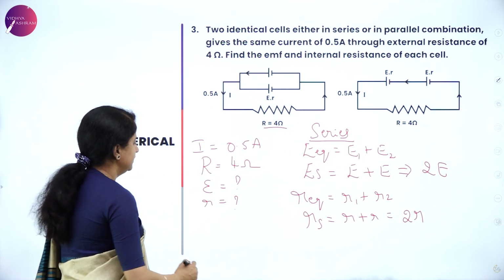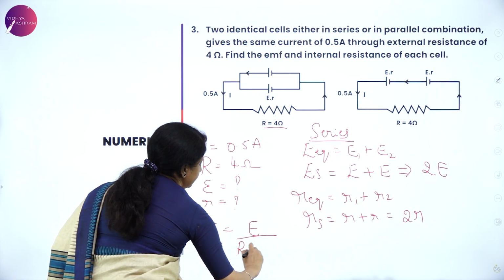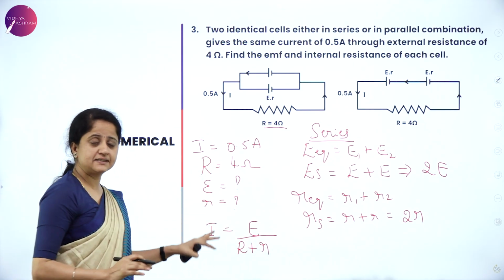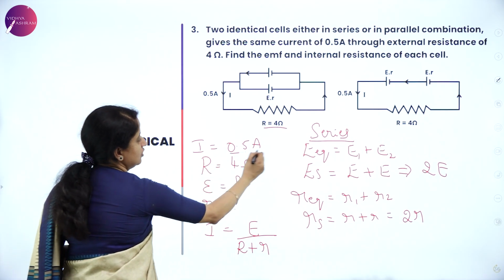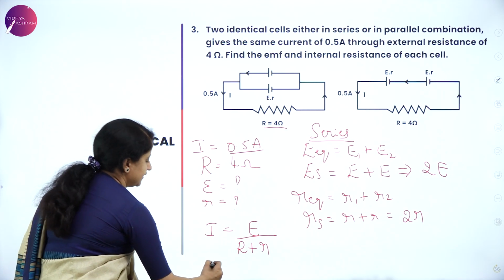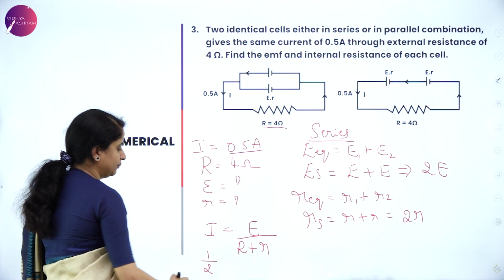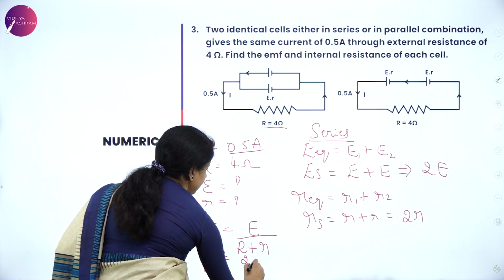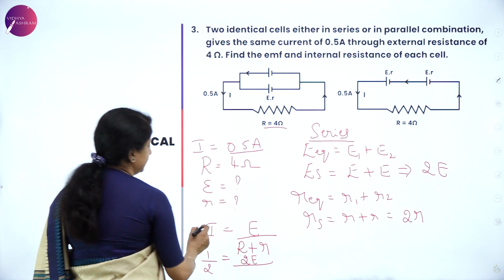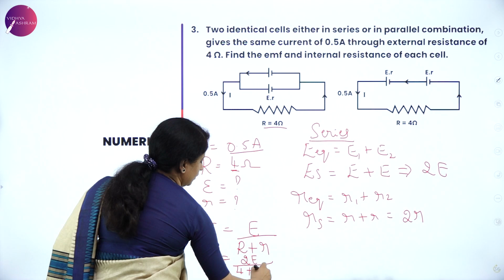Now we have I is equal to E divided by R plus r, the expression to find current. What is the value of I? It is 0.5 amperes. So we can write it as 1 divided by 2, because 1 by 2 is nothing but 0.5, which is equal to E equivalent 2E divided by the external resistance 4 plus 2r.